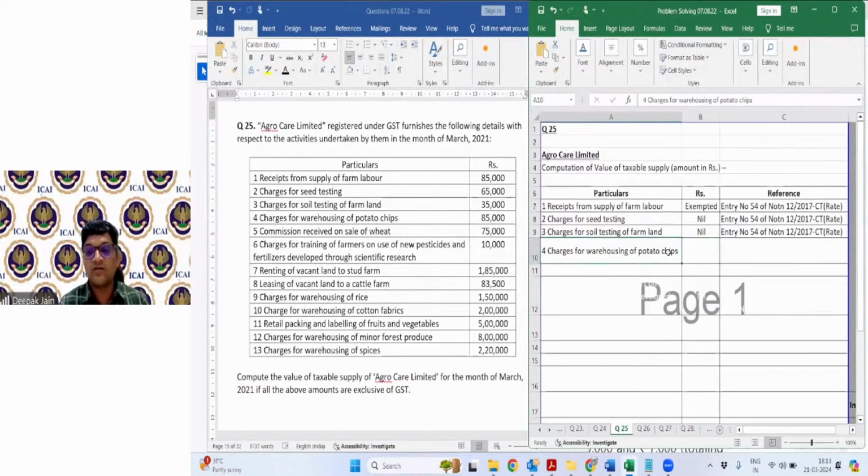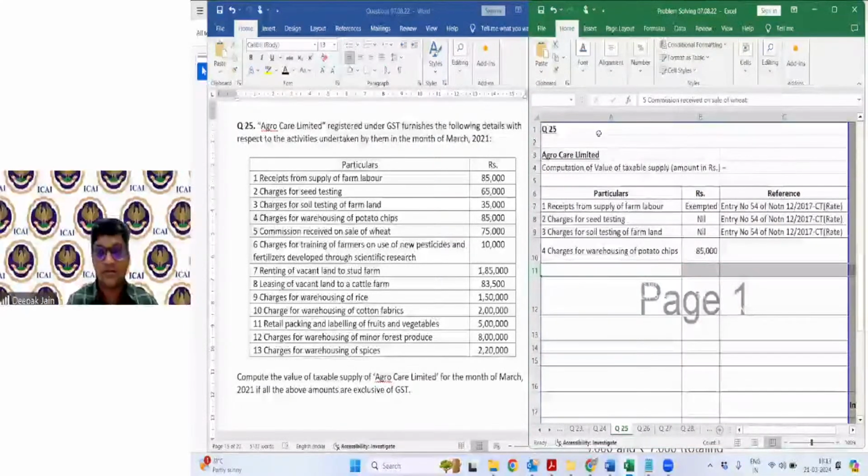Charges for warehouse of potato chips is taxable, right? Because these are not primary agricultural produce, secondary produce. So this is taxable. Had it been just potato, then it will be agriculture produce and it will be exempted. But this is a question of warehousing of potato chips, so that will be taxable.